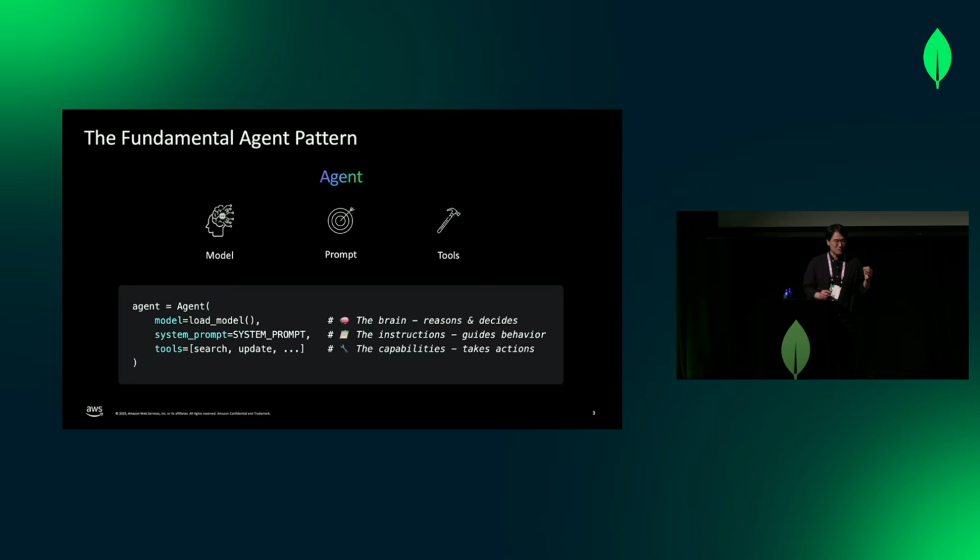But when it comes to agentic AI, being able to take actions using tools, now you're turning the LLM models into an actionable agent that can take your action. So, a high-level abstraction.